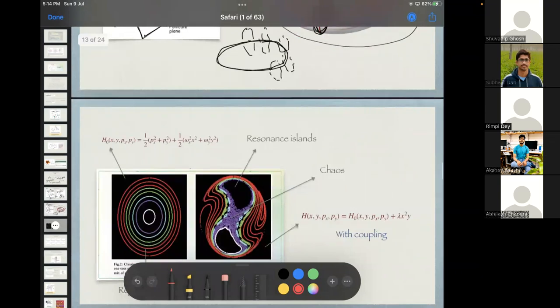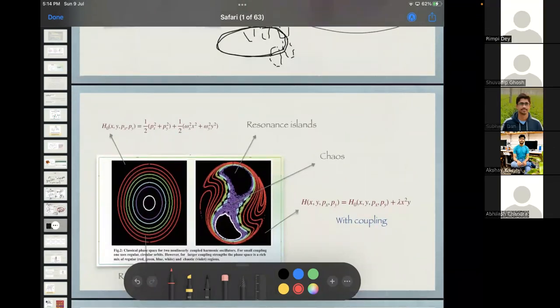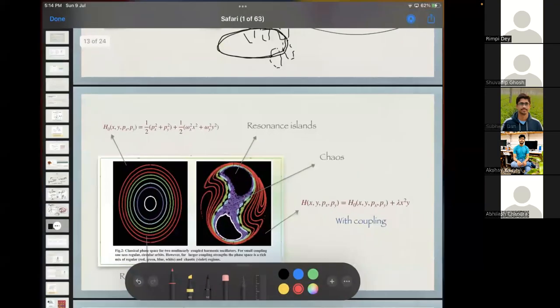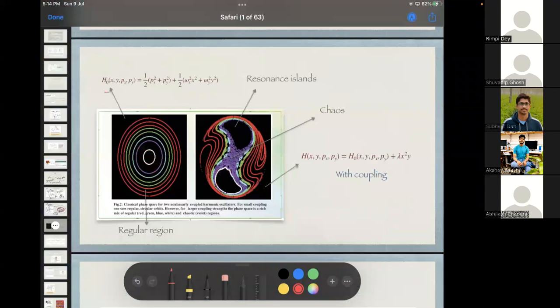Okay, now the resonance condition. Same for a 2-dimensional harmonic oscillator, a 2-dimensional uncoupled harmonic oscillator. Now the phase space will be 2 tori, J1, J2, theta 1, theta 2.